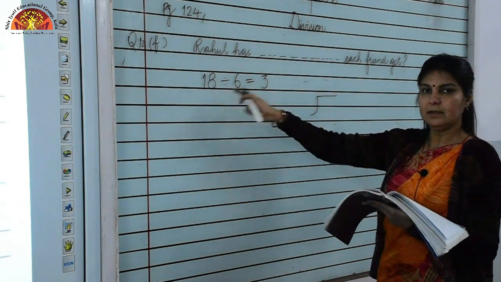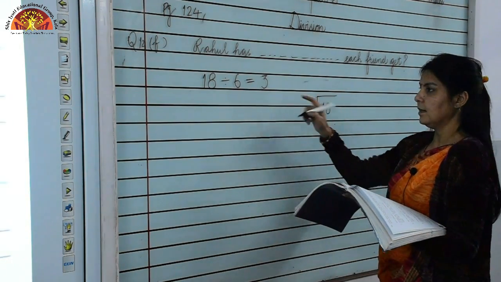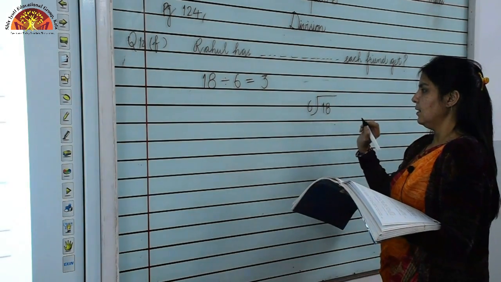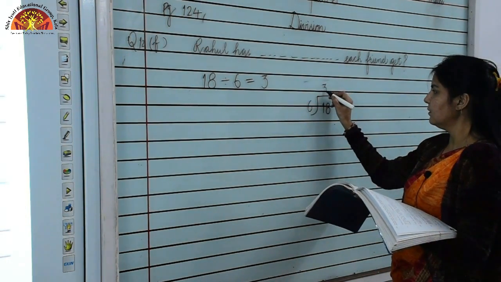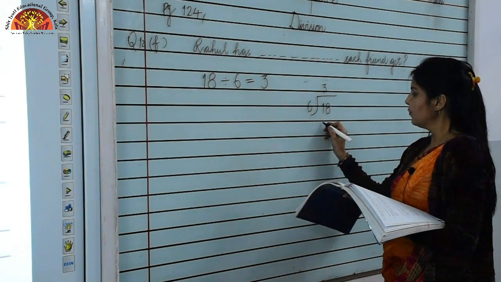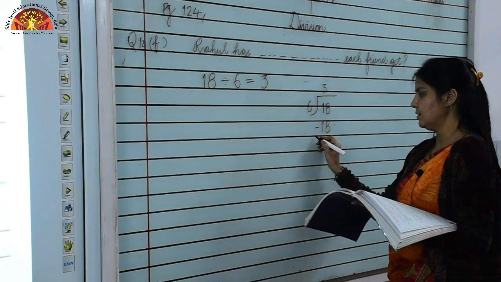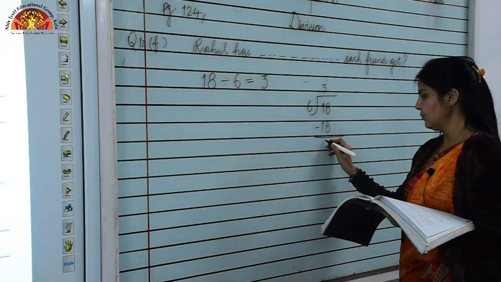This is the dividend, so we will write it here. And this is the divisor, so we will write it here. And this is the quotient, so it will come here. And 6 3s are 18, so we will write this 18 just below the given 18. Now 18 minus 18 is 0.